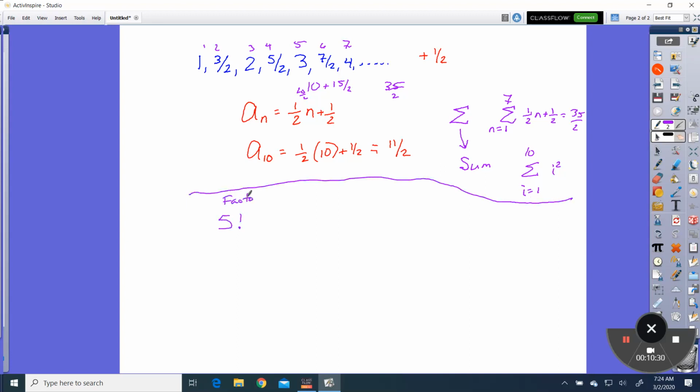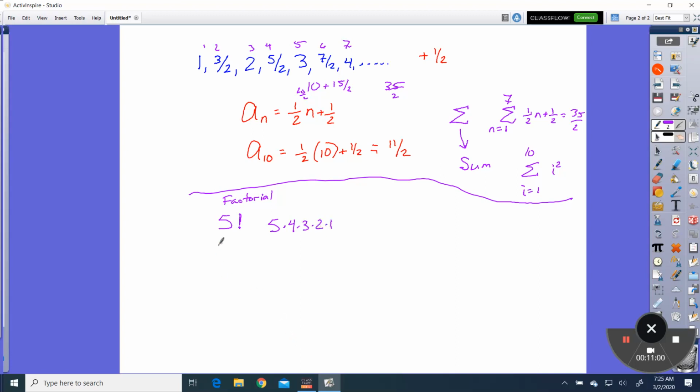Do you guys know what the exclamation mark means in math? So it's called factorial. So that's the name of it. Your calculator will do it for you, but I won't teach you how yet so that you understand what your calculator does. So 5 factorial means you go 5 times 4 times 3 times 2 times 1.